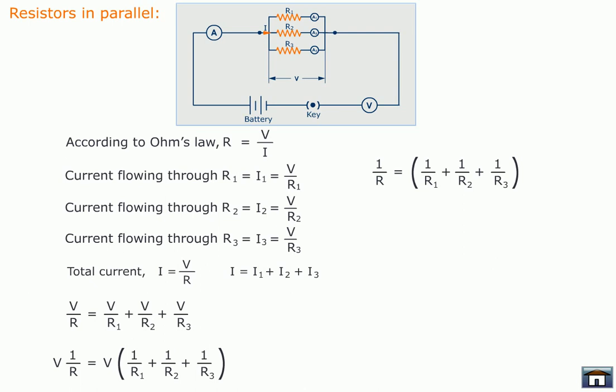By this equation, we can find resultant resistance throughout the circuit. That means if three resistors are connected in parallel, then the resultant resistance can be calculated by the equation 1 by R equal to 1 by R1 plus 1 by R2 plus 1 by R3.